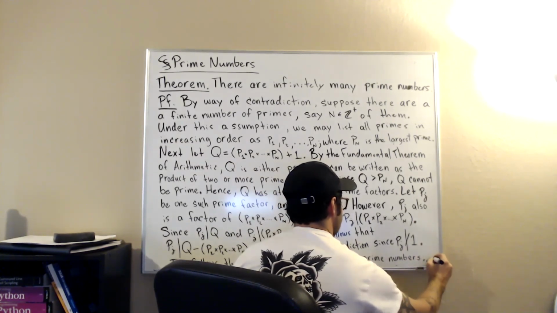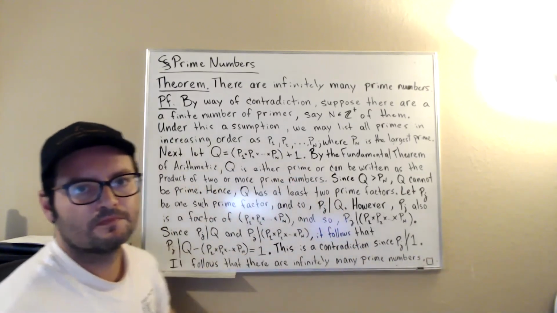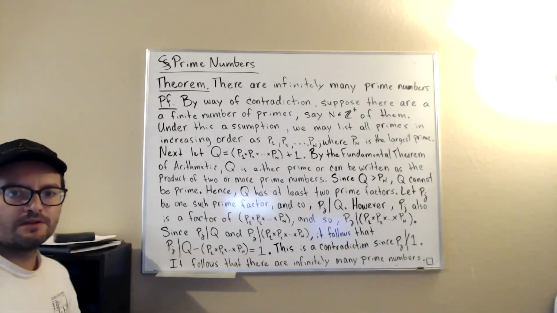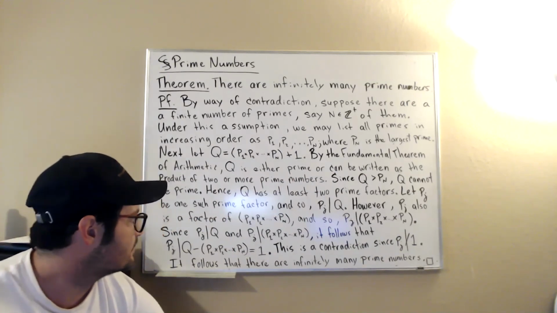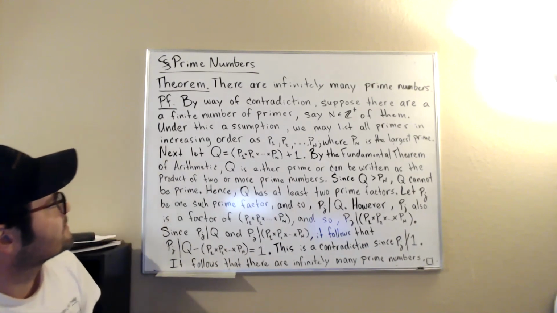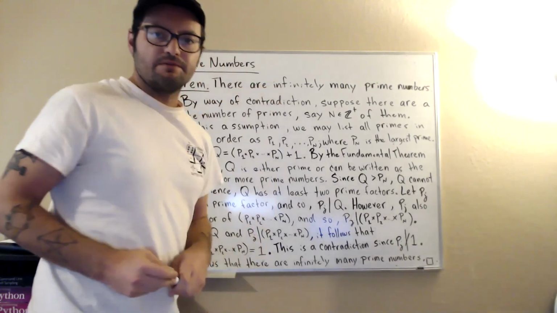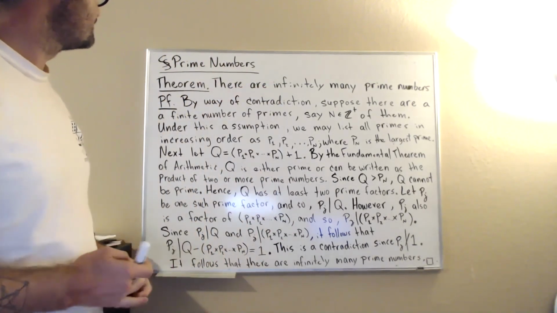Done. Okay. So this is a clever proof by contradiction. Hopefully you understand it. And it verifies that there must be an infinite number of prime numbers.